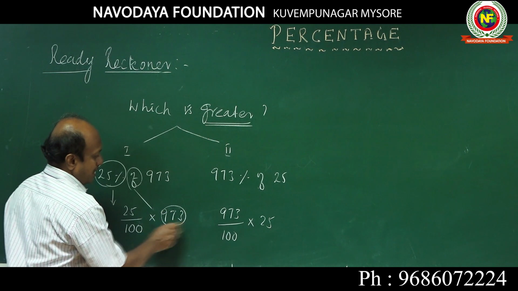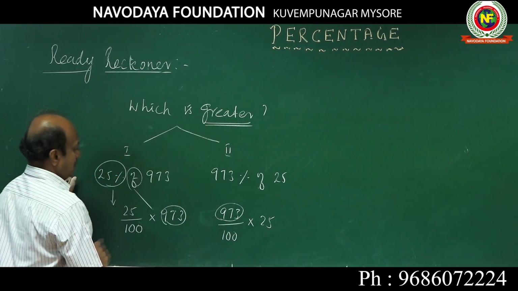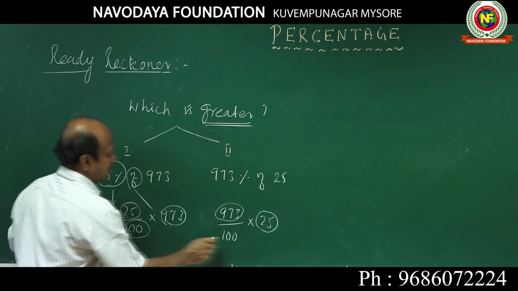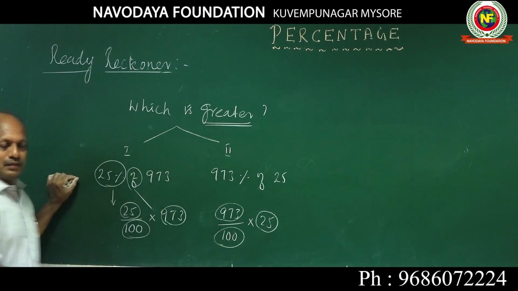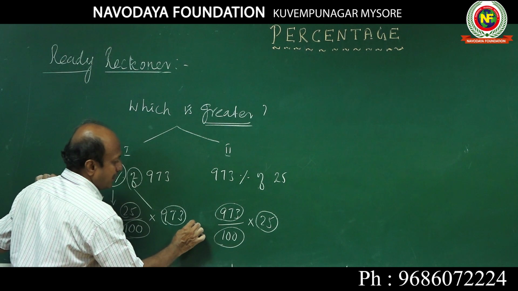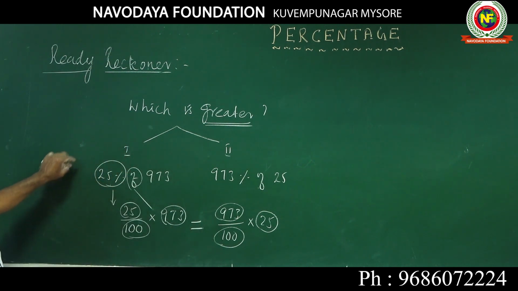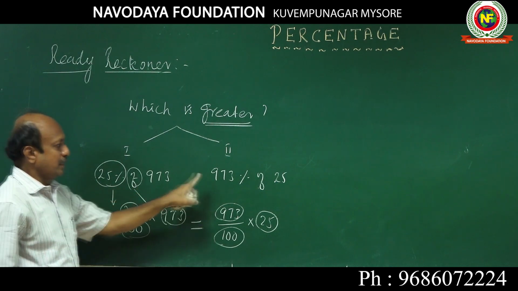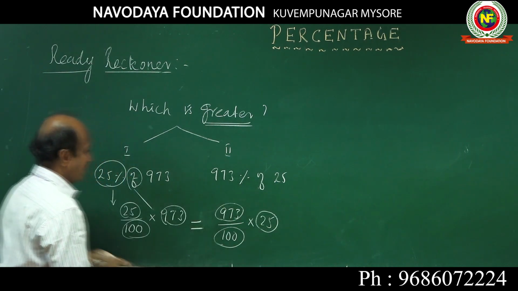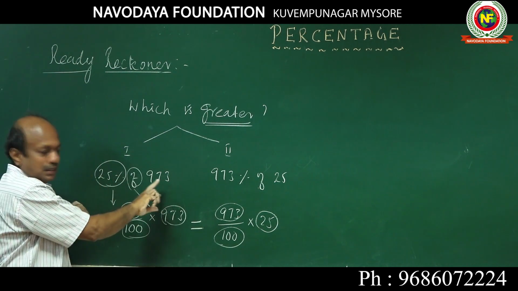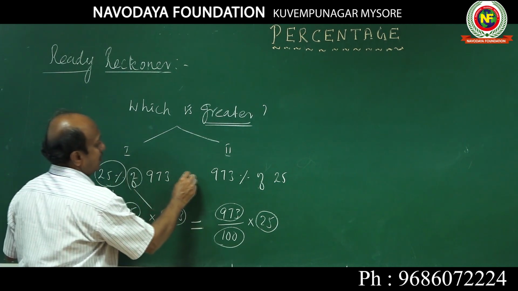Look at these numbers. 973 is in the numerator. Right. 25 also in the numerator. 100 is also given in the denominator. The same value. That means what you are getting. Without multiplication, you should come to the conclusion 25% of 973 or 973% of 25. Here, as a tricky thing, the numbers are interchanged. Numbers are interchanged. These both are equal.